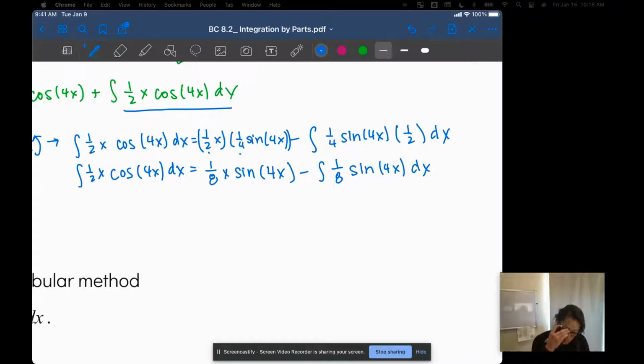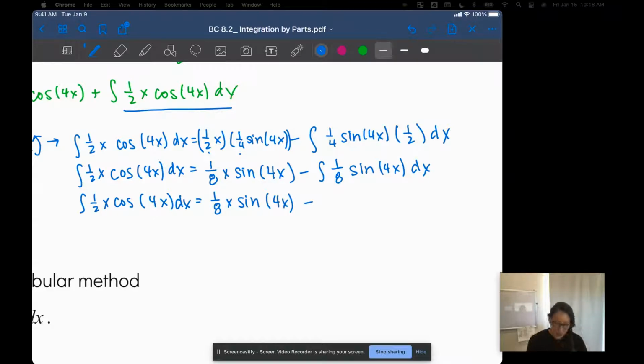All right, last step to get this one simplified, and then we can replace that back into the green. 1/8 x sine of 4x minus the integral of 1/8 sine 4x, which would be negative cosine, and a negative times a negative gives me a positive cosine of 4x, and then don't forget to divide the 1/8 by the 4, giving me 1/32, plus c.